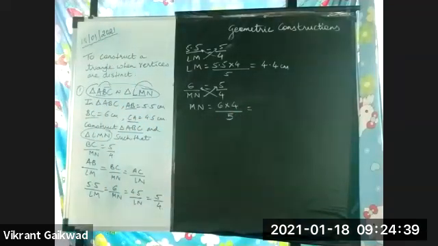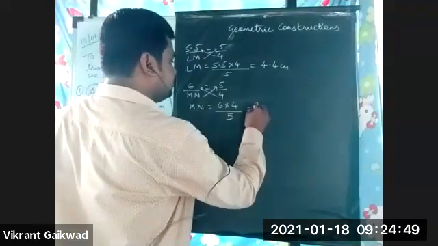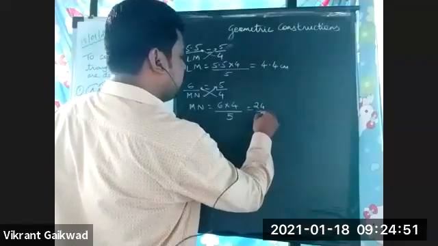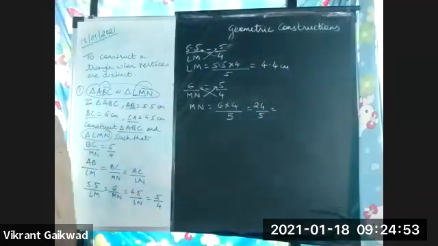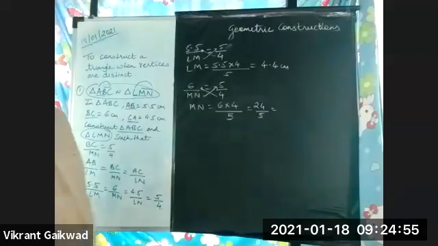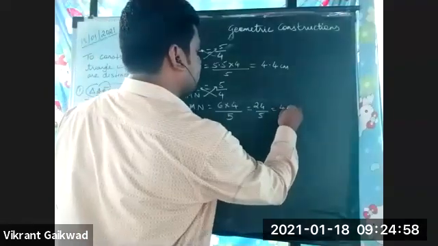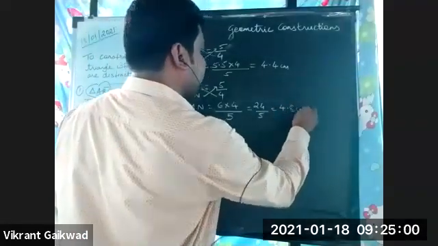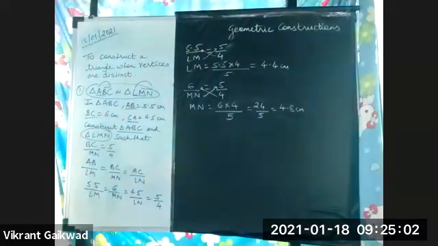Now you cannot cancel any of the terms here. No. So you'll multiply 6 into 4, 24, and divide that with 5. Once you divide that with 5, your answer is going to come 4.8 centimeters.